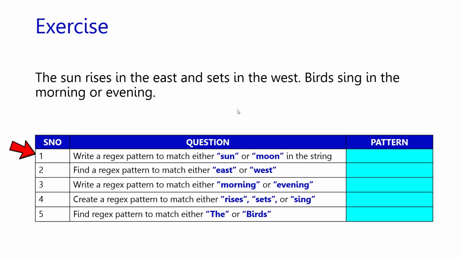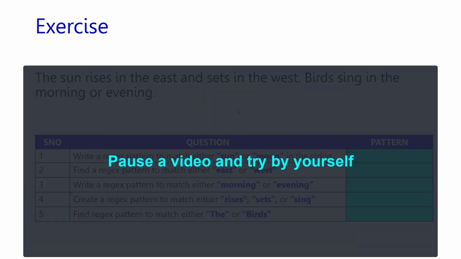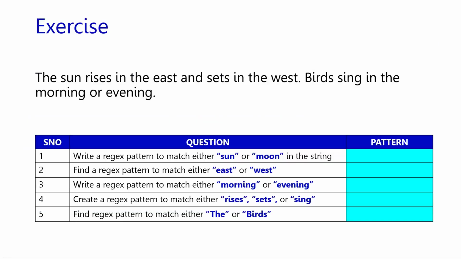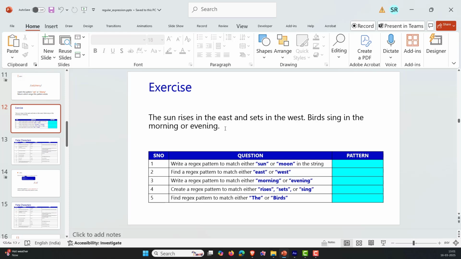The first question is, write a RegEx expression to match either sun or moon. Pause the video and try to answer this question. Now let me copy the string and paste it in RegEx 101.